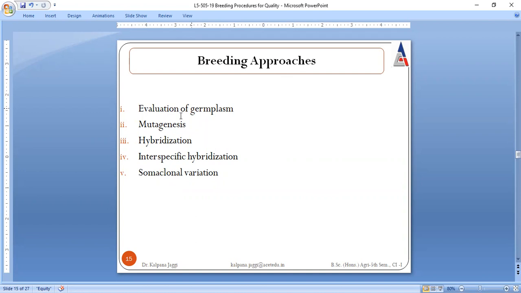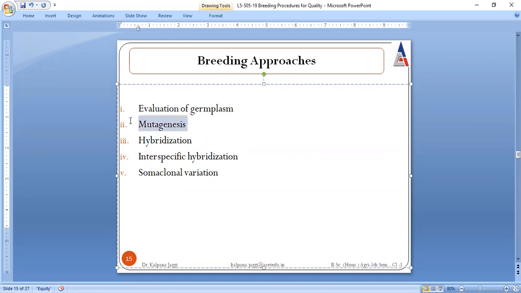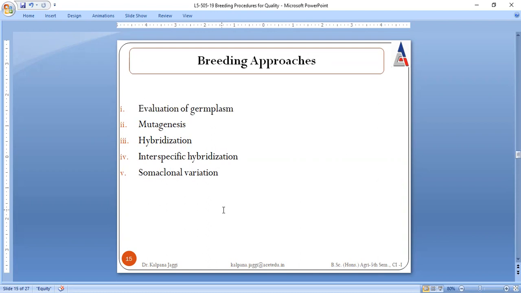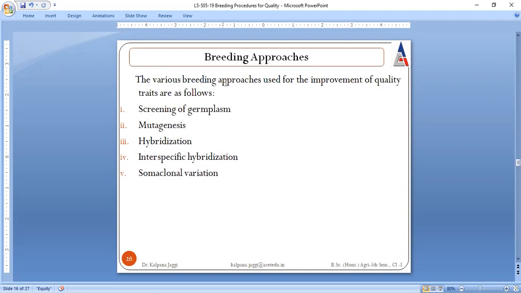The breeding approaches are classified into 5 categories. The very first is the evaluation of germplasm, then mutagenesis, then hybridization, then interspecific hybridization, and at the end somaclonal variation.